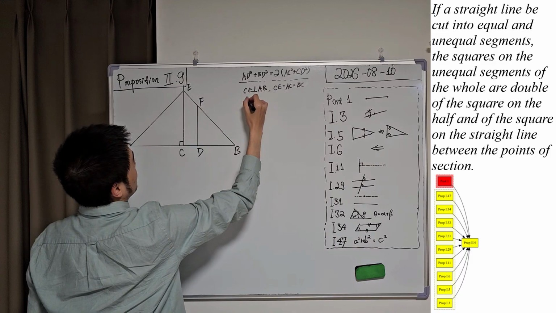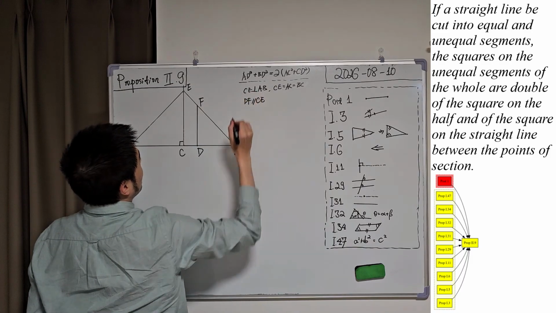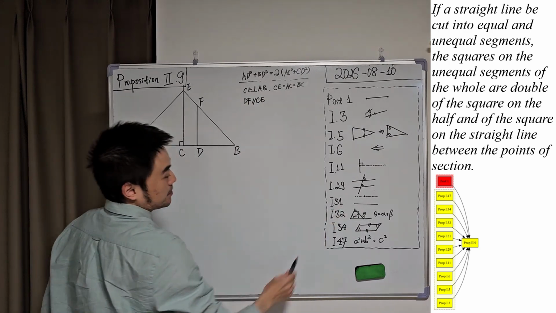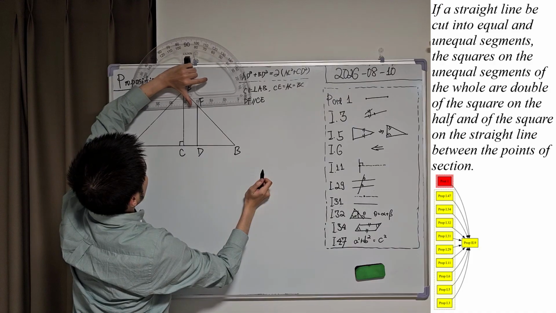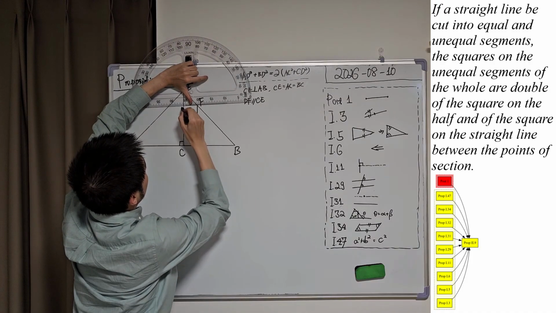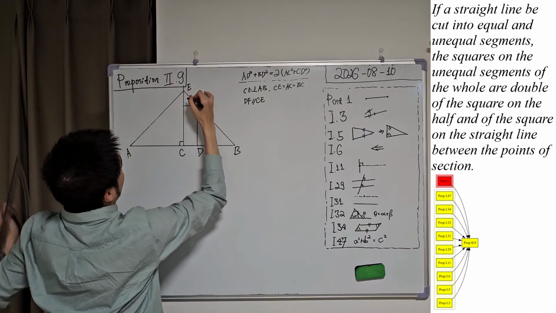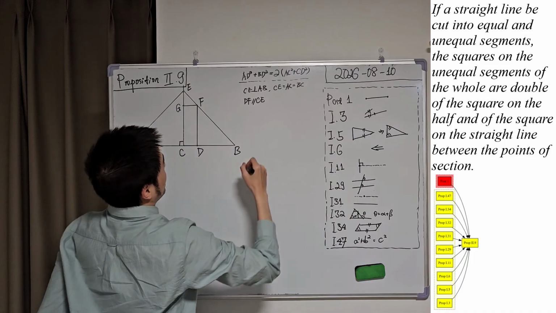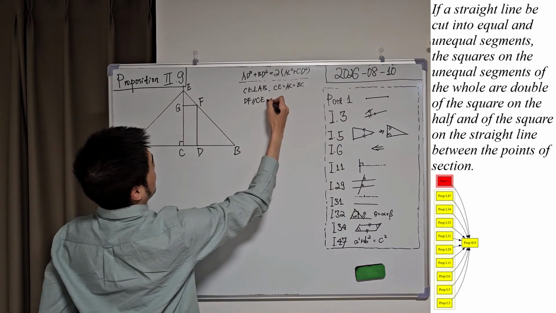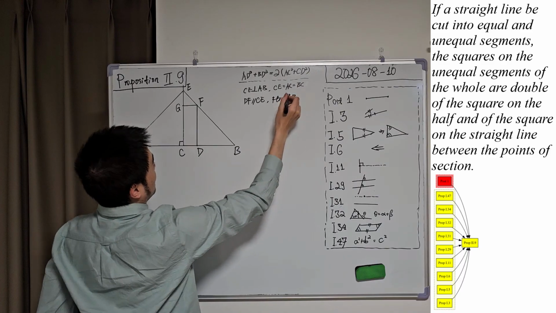So we know that DF is parallel to CE. And then let's apply this proposition again to construct a straight line here that is parallel to AB. And let's assume this straight line meets CE at a point G. So we have FG is parallel to AB, correct?